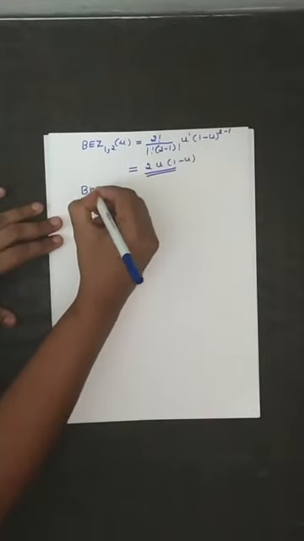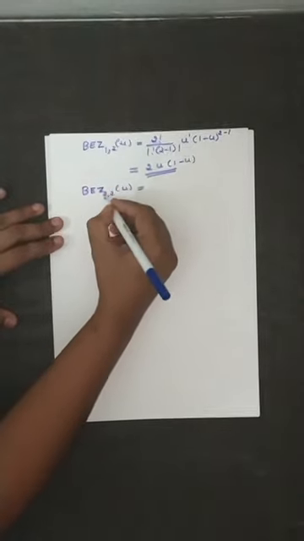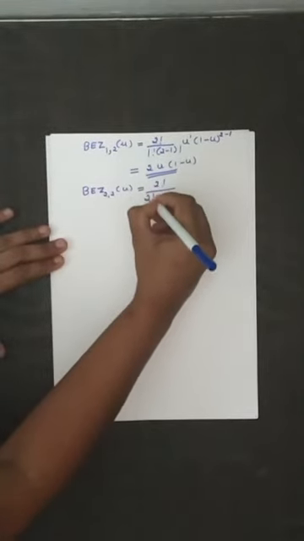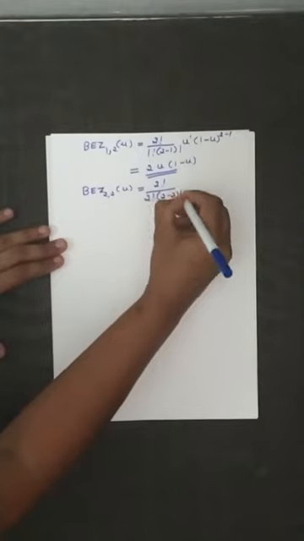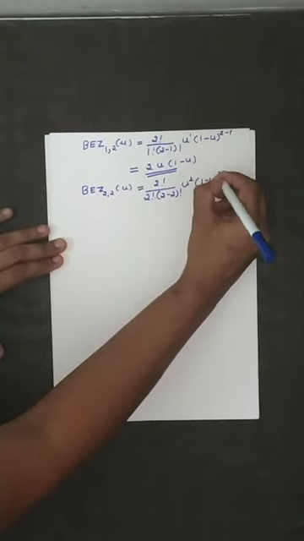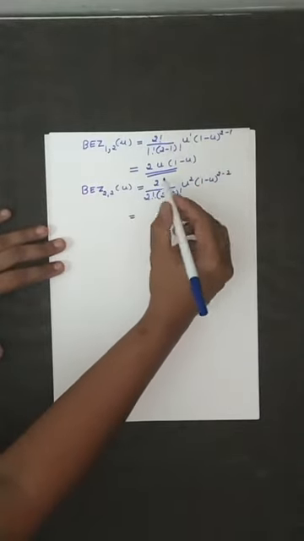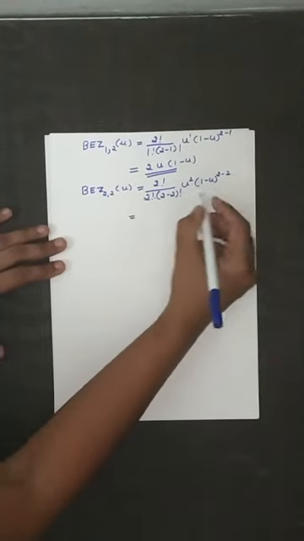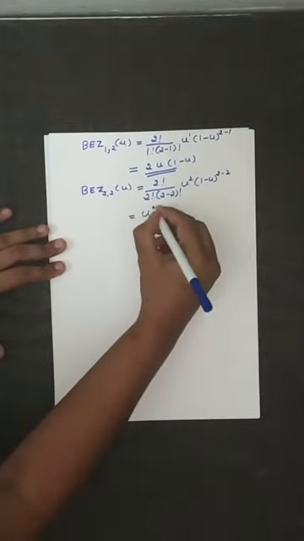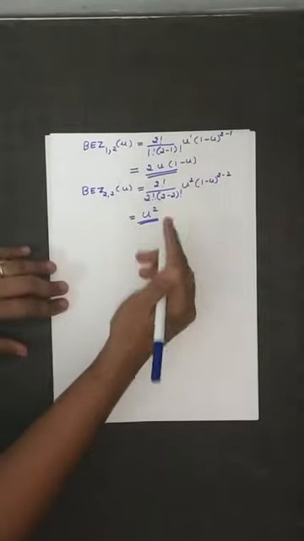Then the third term, 2, 2 of u, where k is 2, n is 2: 2 factorial divided by 2 factorial times 2 minus 2 factorial, u to the power 2, 1 minus u to the power 2 minus 2. In this case 0 factorial is 1, so it cancels, and 1 minus u to the power 0 becomes 1, so the remaining is u square. Like this you have to find out these functions.